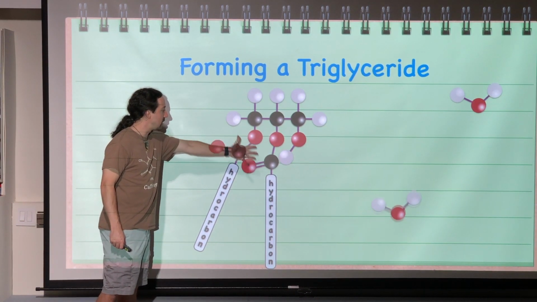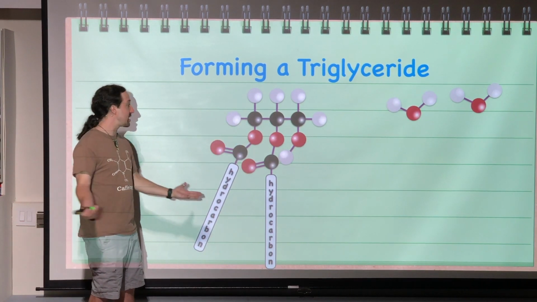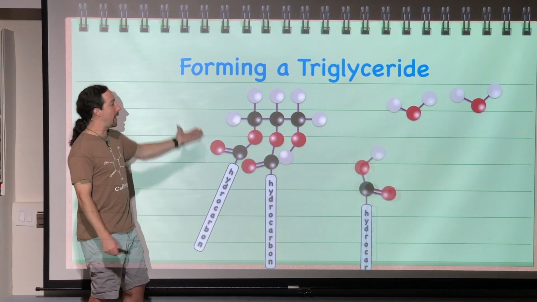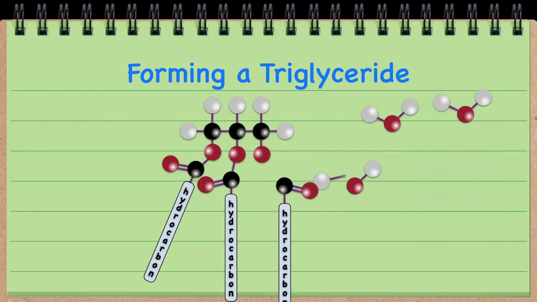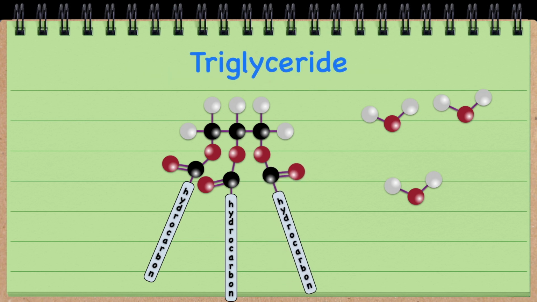The hydrogen is going to leave that. And then, boom, we have a bond again. So dehydration synthesis occurs. And we don't stop there because we're going for a triglyceride. And there we go. We have now removed 3 water molecules, and we have bonded 3 fatty acids to our glycerol molecule. This is a triglyceride.